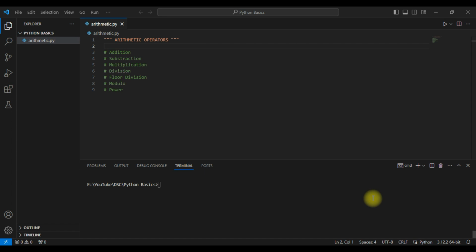So basically, operators are special symbols that are used to perform operations on variables and values. For example, when you take 2 plus 3, the plus is an operator that adds the two values 2 and 3.